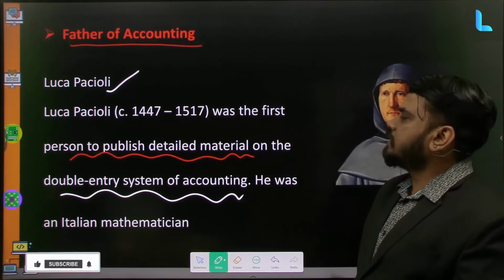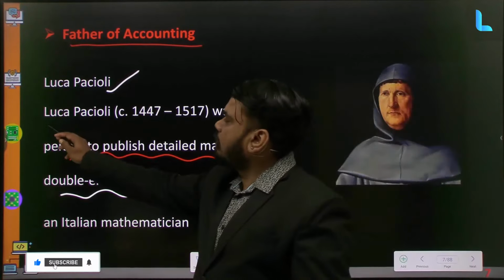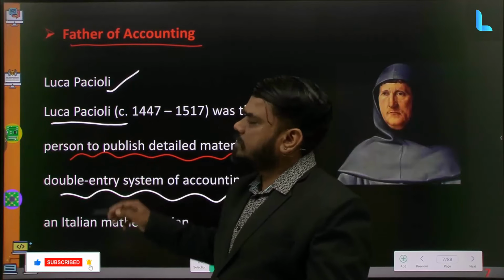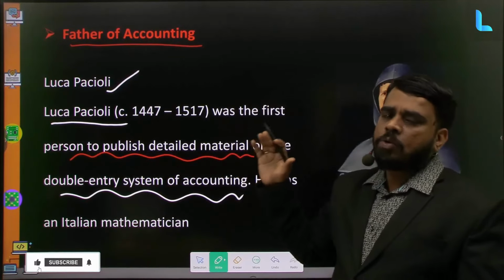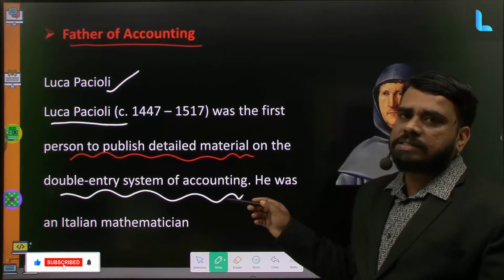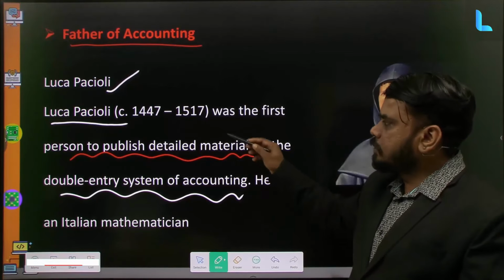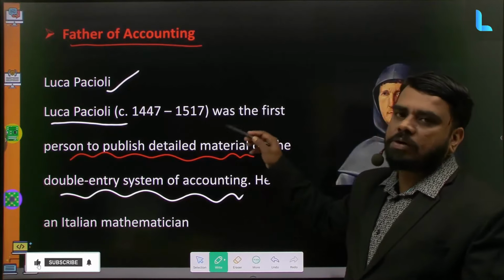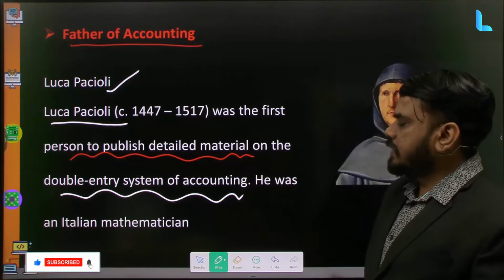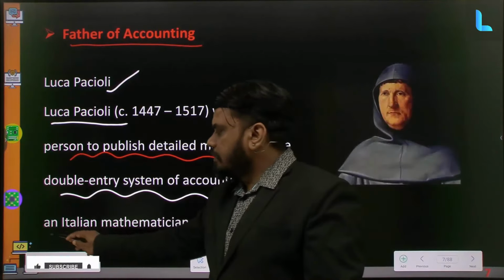So this particular person is called the father of accounting. He is mainly responsible for how accounts are maintained in the double entry system, and he is the person who published the concept. He was an Italian mathematician.